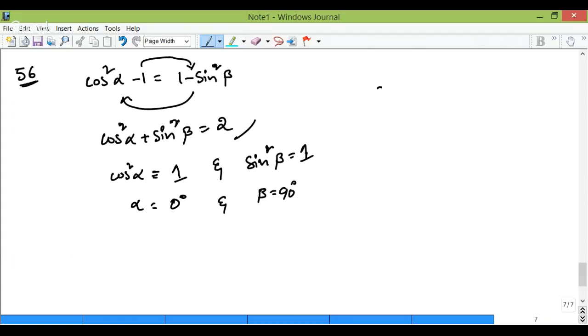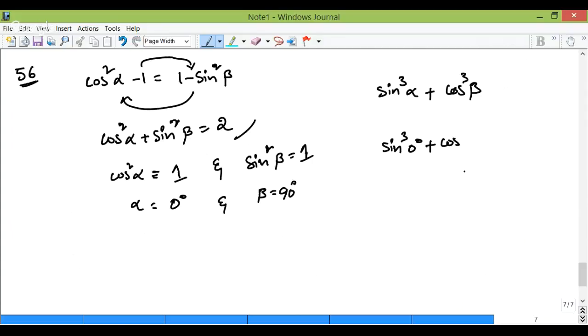He is asking the value of sine cube alpha plus cos cube beta. Now what is the value of sine cube 0 plus cos cube 90?